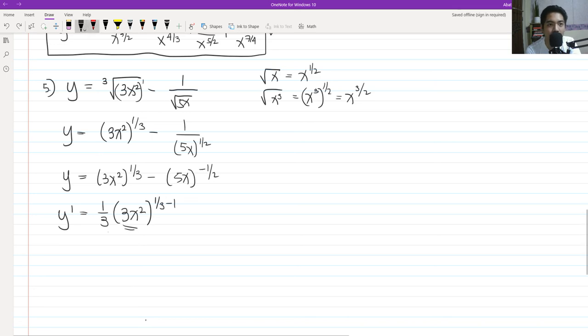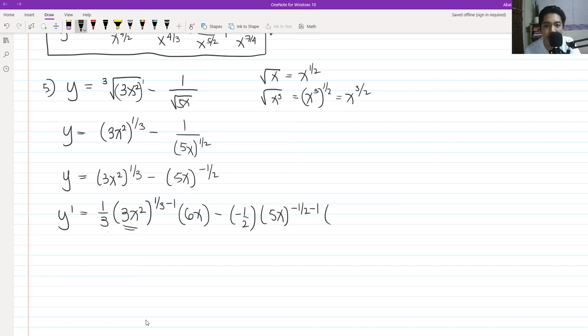But according to the chain rule, of course, we still need to get the derivative of the inside function of this. So this would be 6x by applying the power rule again here. So we have minus negative 1/2 because of our n here, and then we have 5x raised to negative 1/2 minus 1.